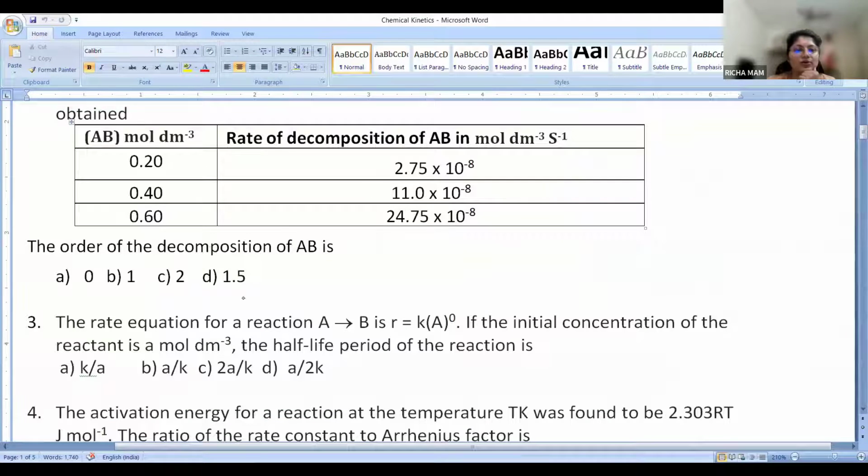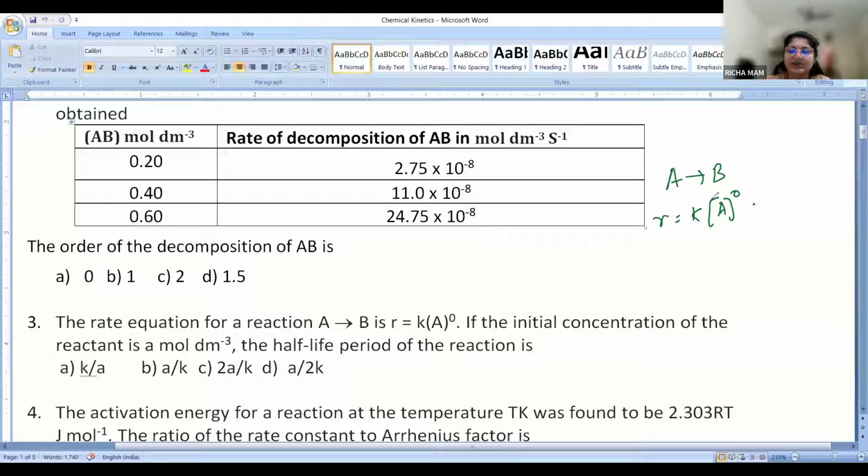Okay. The rate equation for a reaction A to B is rate equals k concentration of A raised to 0. If the initial concentration of the reactant is a mol per dm³, what will be the half period of the reaction?